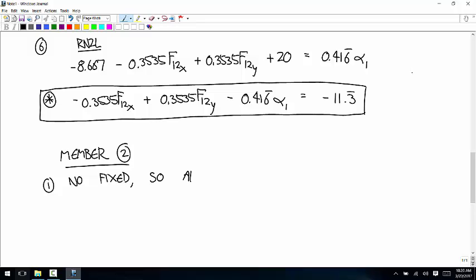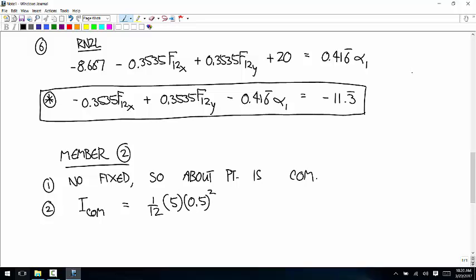So the about point is the center of mass. And so the moment of inertia about the center of mass is 1/12 times the mass times the length squared. We don't need parallel axis theorem. And that gives 0.104.